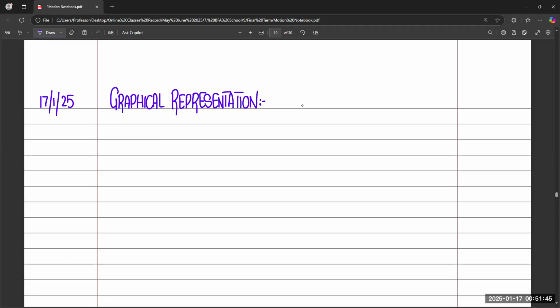So basically, in graphical representation, we already know the formula to calculate different quantities in motion.